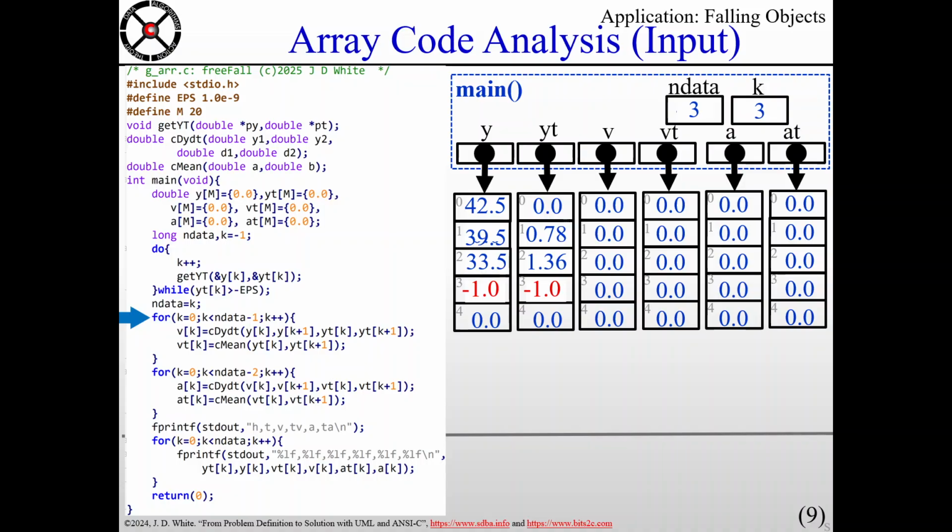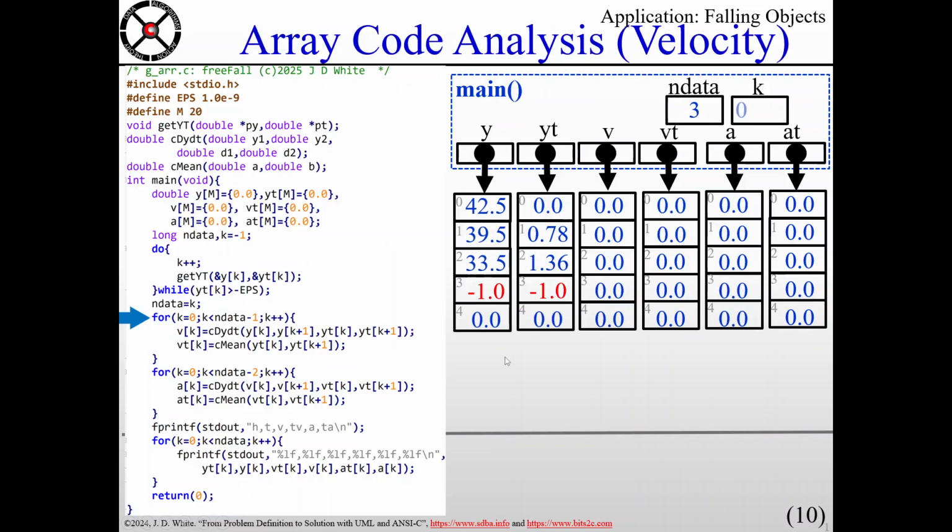K is now set to be 0 again. For K less than n data minus 1, K plus plus. So K is set equal to 0, and I check. It's less than n data minus 1, which is 2. So I'm going to enter my loop.